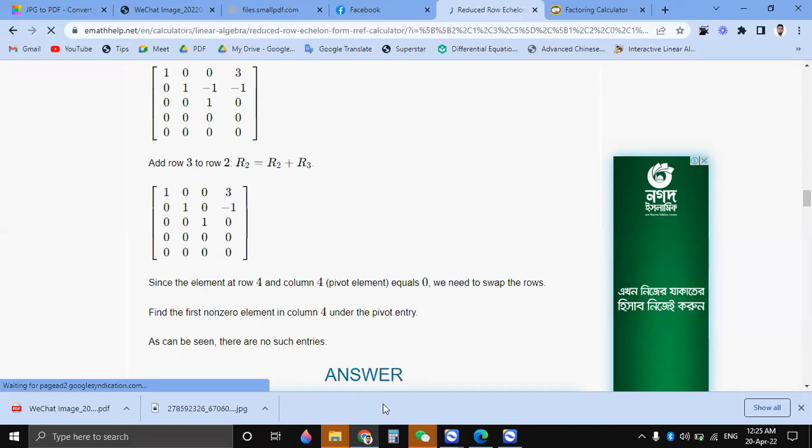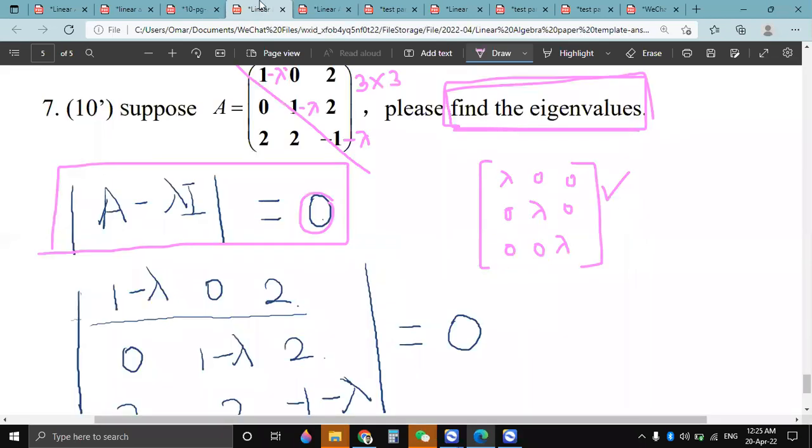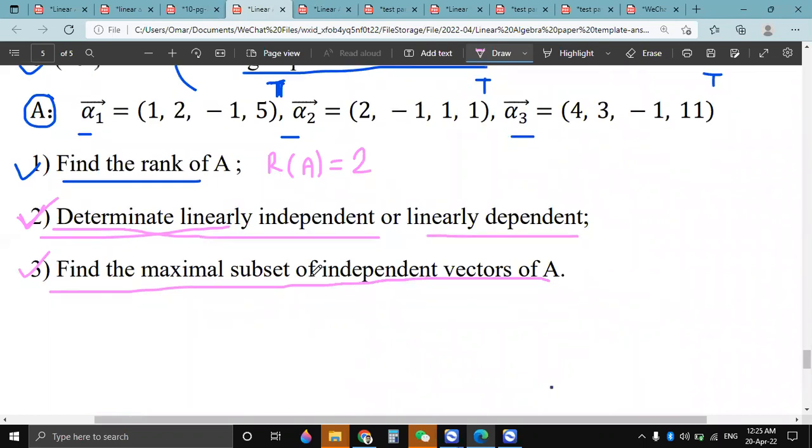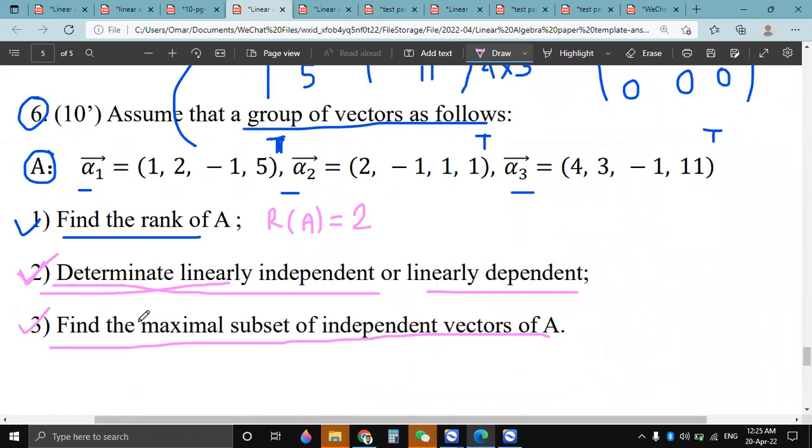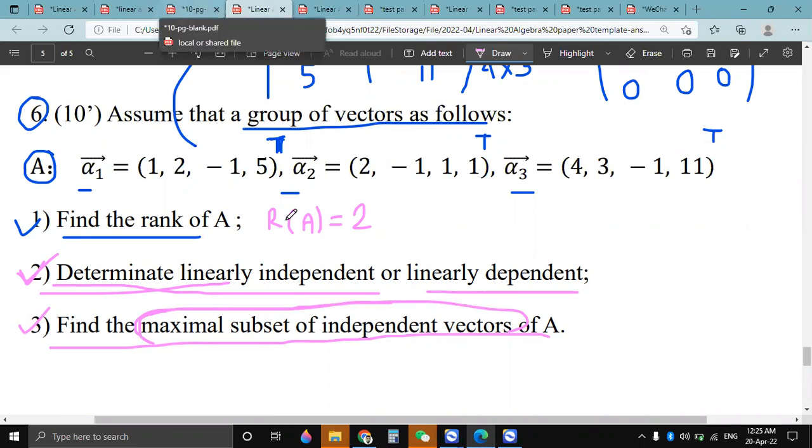So those are called the maximal subset, okay? Do you remember maximal subset? Those alpha 1, alpha 2, and alpha 3 are called the maximal subset of independent vectors. Find the maximal subset of independent vectors.